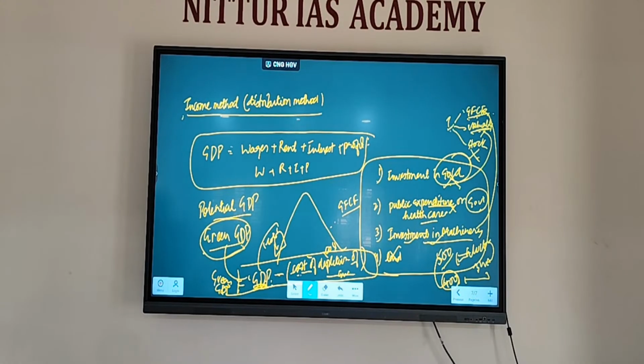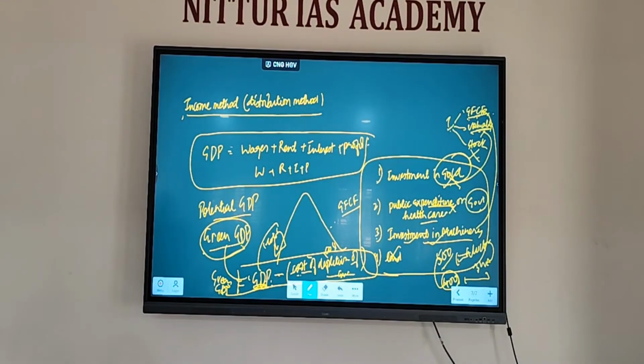For GDP, write down: it includes taxes and subsidies, and hence can distort the real figure.